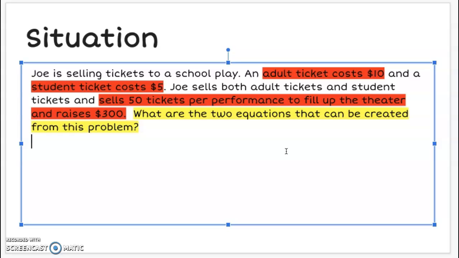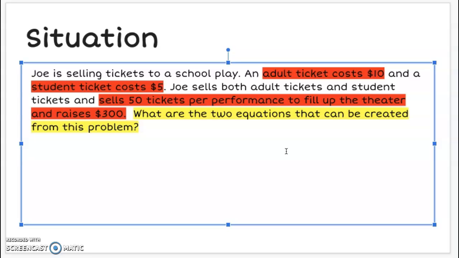So now what I want to do is write an equation from what I know is important in this situation. Because I've pulled that out, I used my 3-read strategy, which is also part of my thinking like a mathematician that we talked about the other day. And now I can go ahead and write an equation.